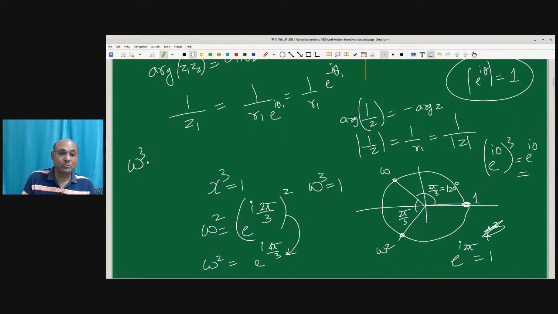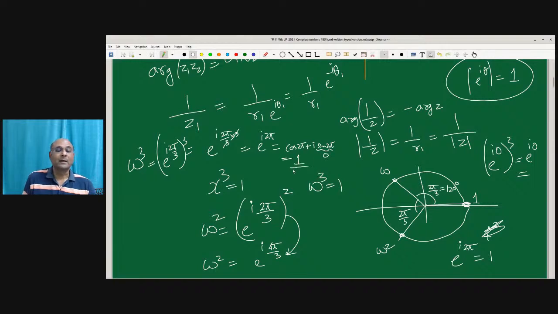And what about omega cube? E power i 2 pi by 3, cubed. So e power i 2 pi by 3 times 3 cancels out, e power i 2 pi. What is e power i 2 pi? Cos 2 pi plus i sin 2 pi. Sin 2 pi is of course 0. Cos 2 pi is 1. So 1. So omega cube is 1.